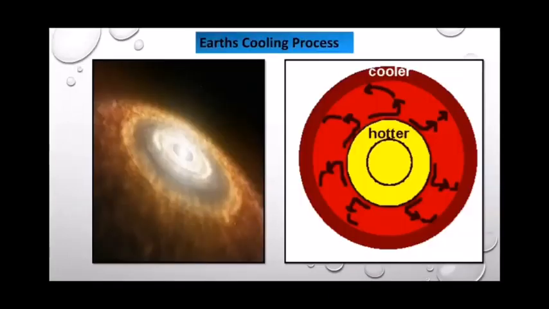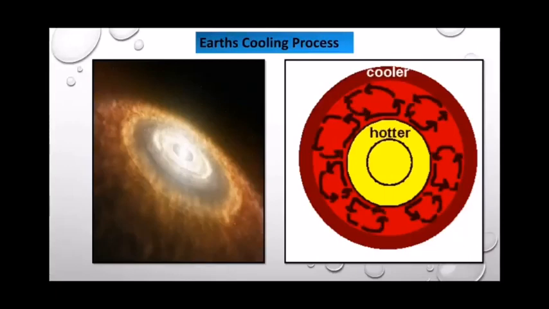Children, the scientists believe that the earth was formed out of the solar system itself. In the beginning, earth was a gaseous hot balloon. It cooled down as it rotated. So, the process of cooling took place from the outer surface towards the earth's center.